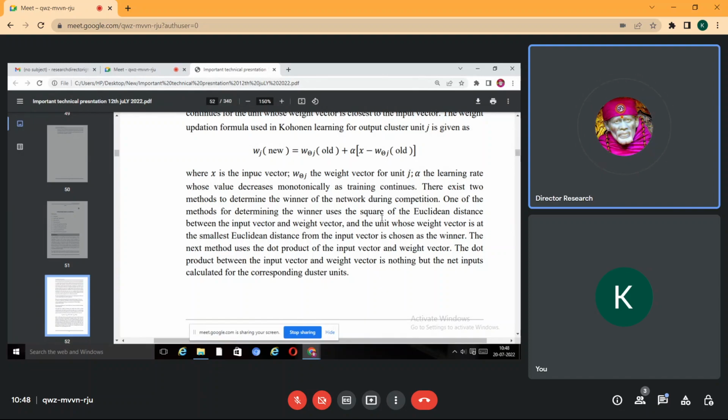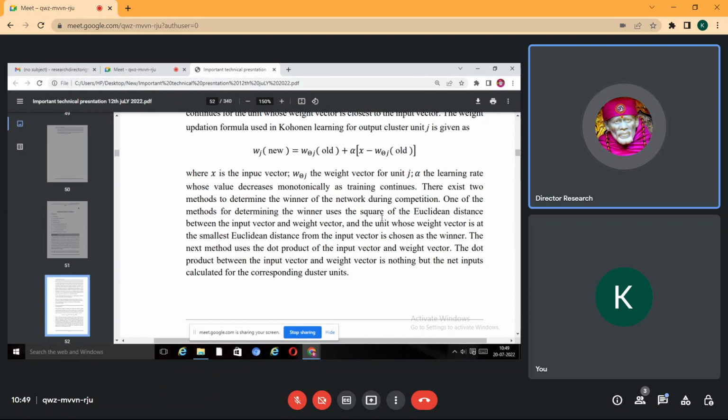There exist two methods to determine the winner of the network during the competition. One method for determining the winner uses the square of the Euclidean distance between the input vector and weight vector, and the unit whose weight vector is at the smallest Euclidean distance from the input vector is chosen as the winner.